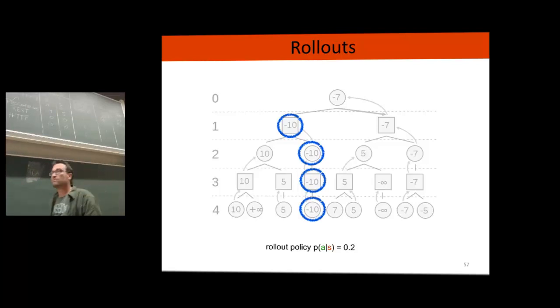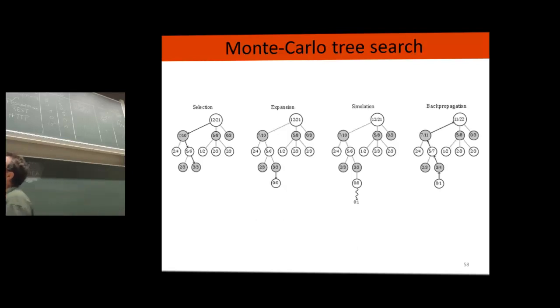What DeepMind does is a clever rollout strategy with a statistical distribution of where you do the rollouts. And that's called the Monte Carlo tree search algorithm, which I will explain with a bit more time tomorrow morning again.